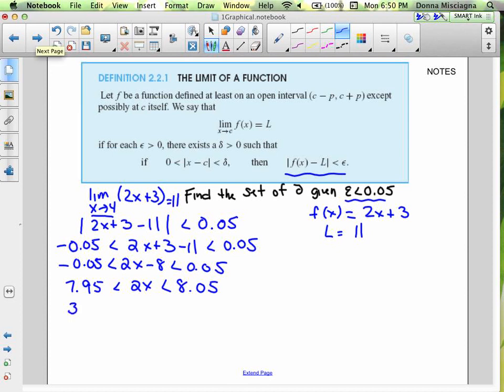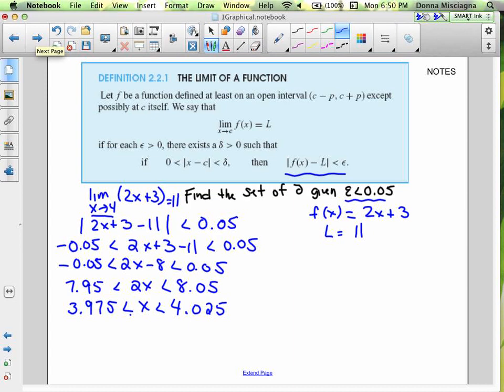Forgetting I'm dividing by 2, so we get 3.975 is less than x, which is less than 4.025.